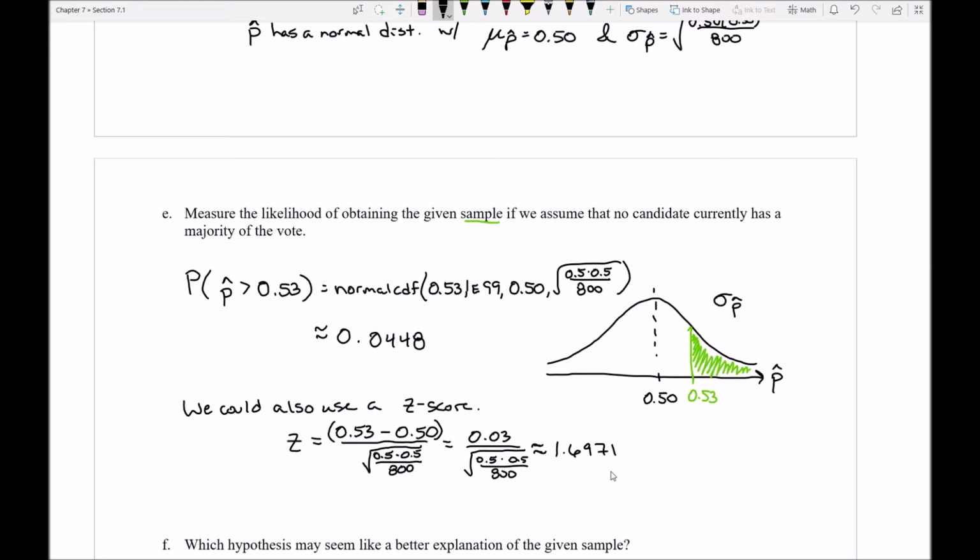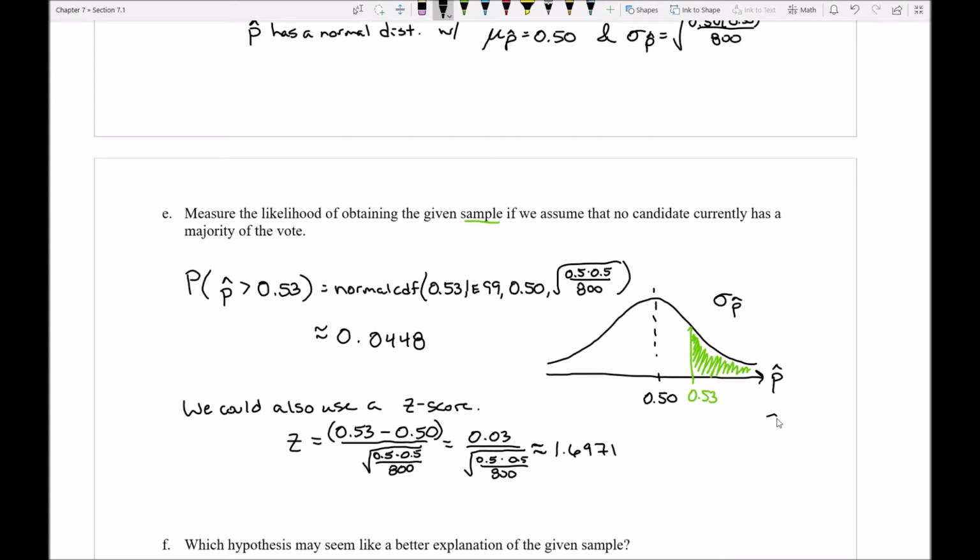Now, you may recall from the very beginning of the semester, we said that if I ever got a z-score above 1.5, then the value I found the z-score for would be entering the rare zone. If you get over 1.5 standard deviations away, a value starts to become somewhat rare.